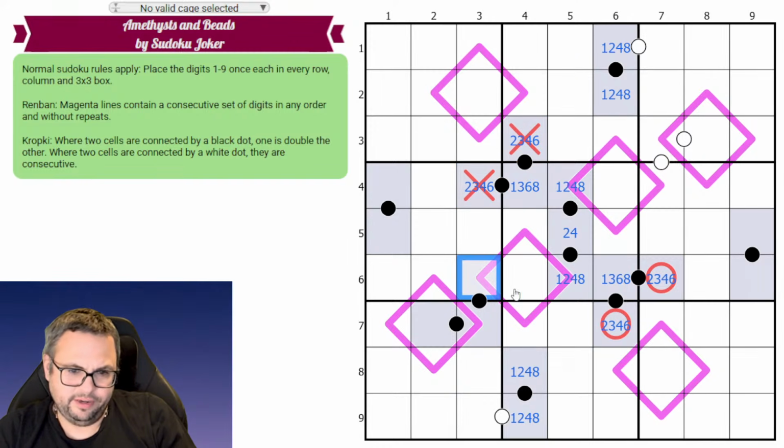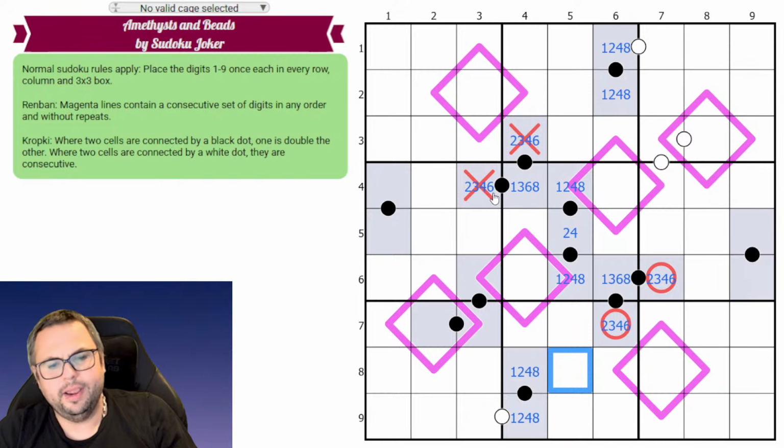Could have this 3, 6 if it's there, I guess. Oh, by Sudoku and Black Dot. Right, okay. So, yeah. So, that is a weird deduction.